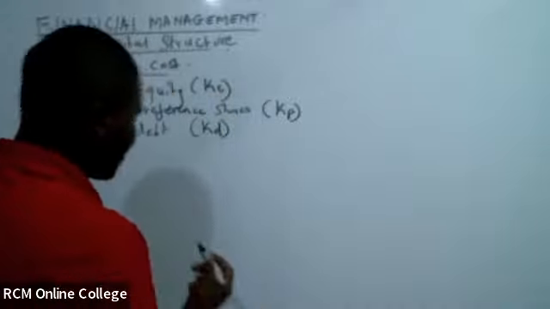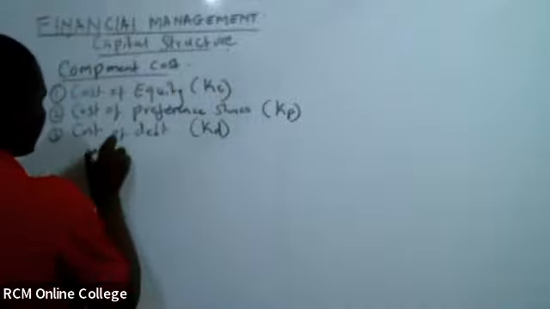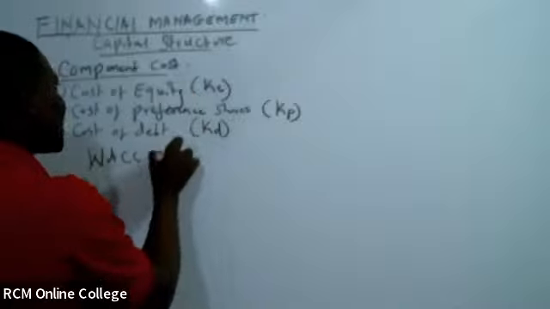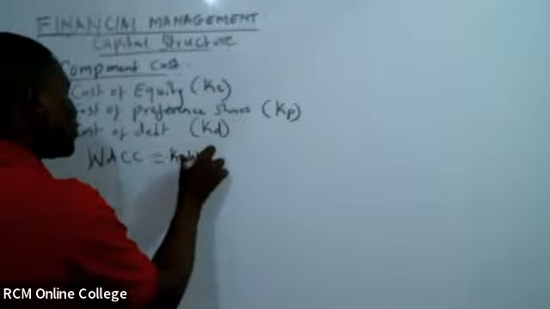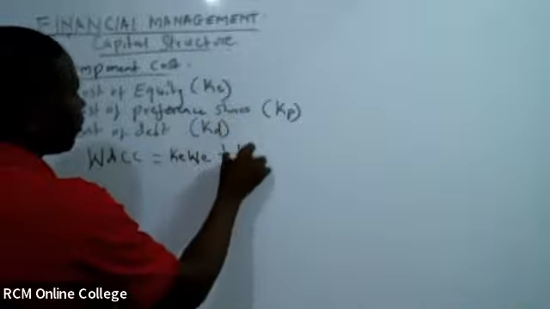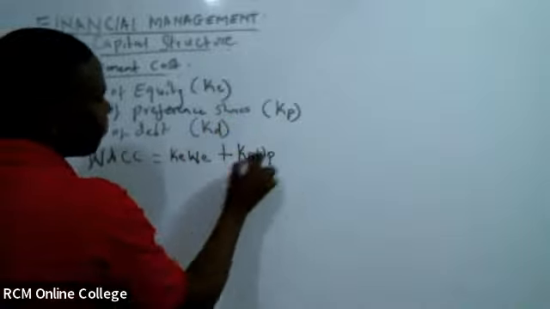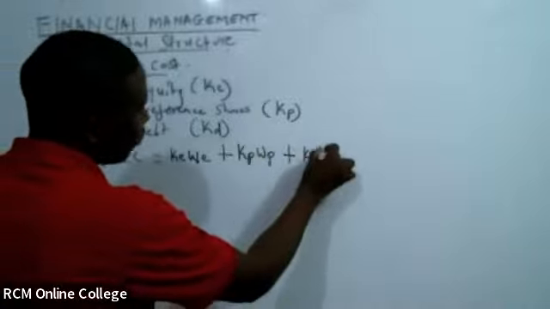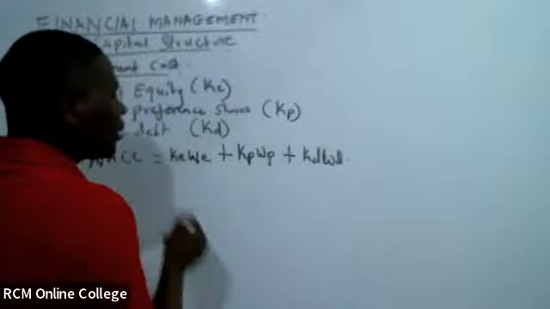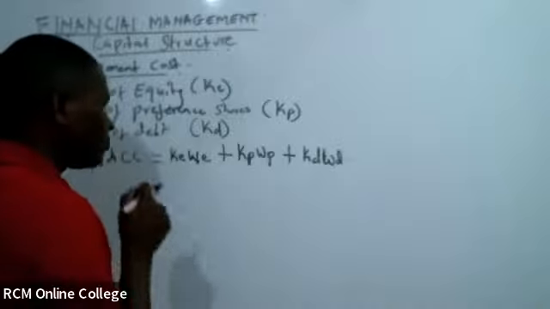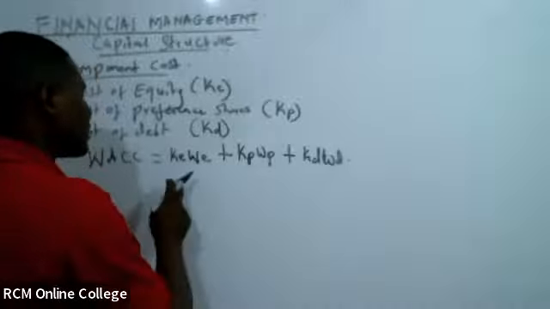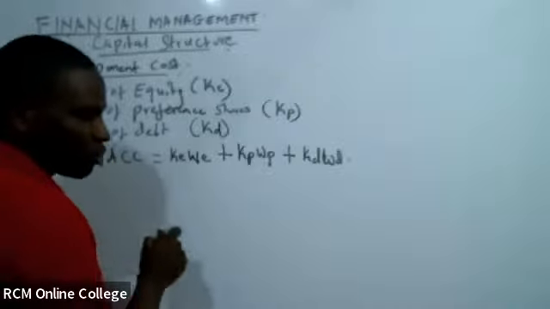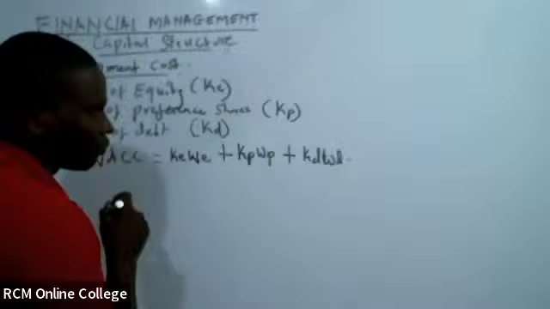To get the WACC or WMCC, WACC is given by the cost of equity multiplied by the weight of equity, plus the cost of preference share multiplied by the weight of preference share, plus the cost of debt multiplied by the weight of debt. So you will be required to have the three. This is in the case of computing WACC, the weighted average cost of capital.